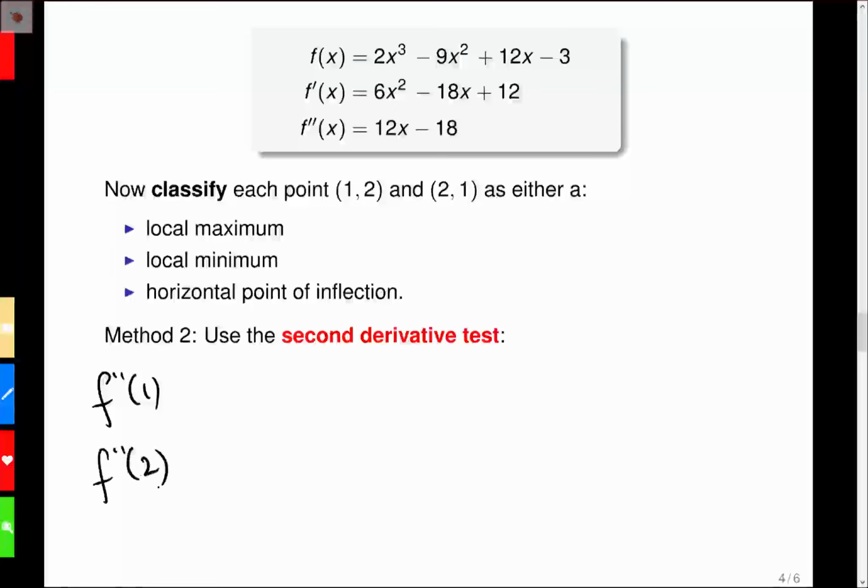At x equals 1, the second derivative is 12 times 1 minus 18, which is just negative 6, which is certainly a negative number. This means that at x equals 1, the graph is concave down, which shows that it's a local maximum.